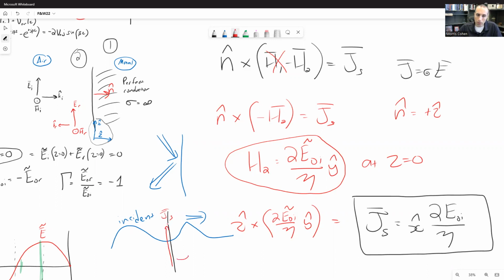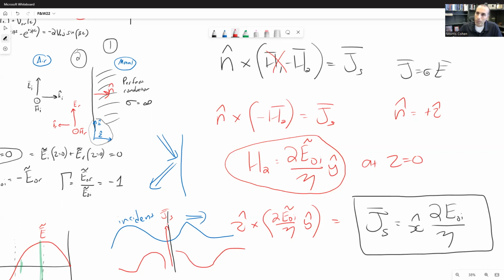It's going to launch a wave right here, and it's going to launch a wave in the other direction. That may look like this. Now, to the right of the boundary, the red and the blue are going to perfectly kill each other. And therefore, you have no electric field and no wave in the perfect conductor.